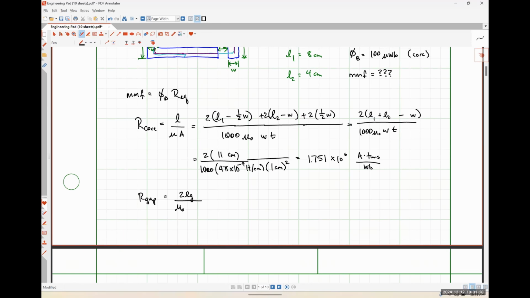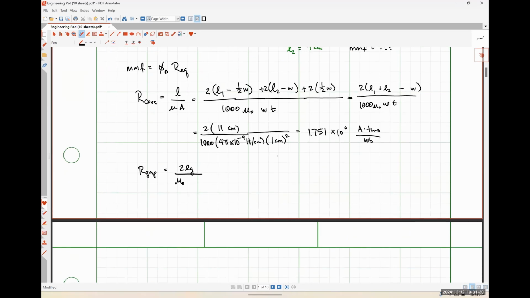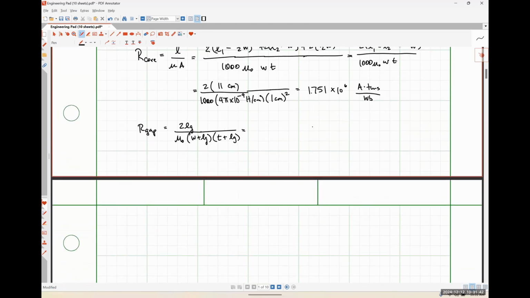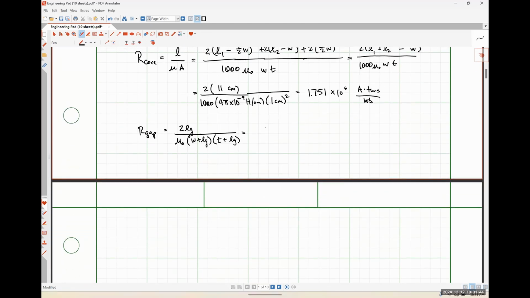And then our cross-sectional area for our air gap is going to be the width plus LG times the thickness plus LG. So when I put numbers into this, I have 0.5 millimeter times 2, so that's 1 millimeter. And a millimeter is 1/10 of a centimeter, if I'm remembering correctly, which I strongly believe I am.